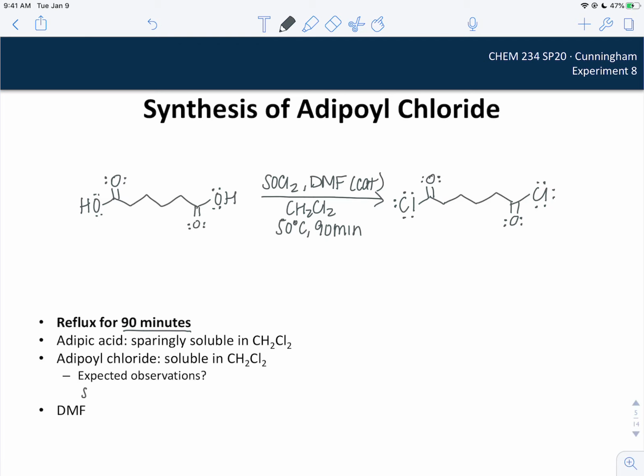So our acid is a solid, and as it is converted into the acyl chloride, the solid is going to disappear or dissolve because our solubility is changing as the structure is changing.